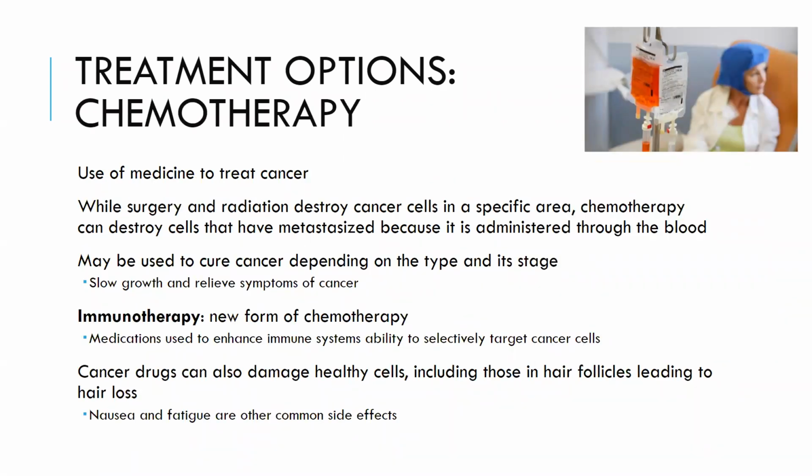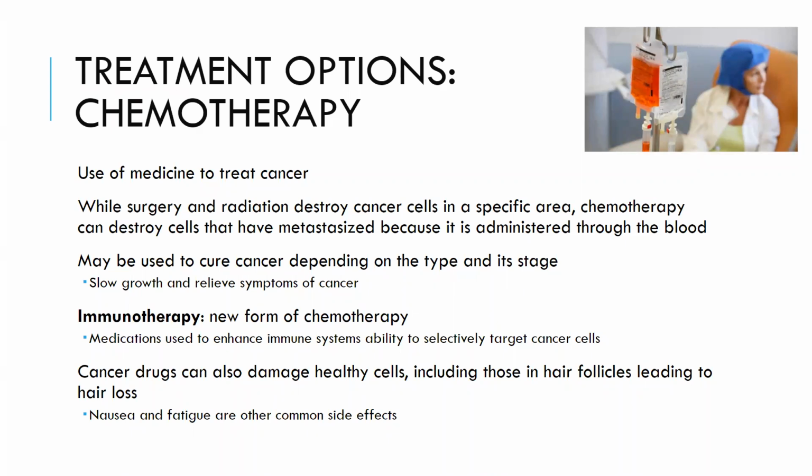Chemotherapy is frequently compared with radiation in that they're both non-surgical approaches, but they are different. Radiation is using X-rays, chemotherapy is using medicine. Surgery and radiation destroy cancer cells in a specific area. Chemotherapy, on the other hand, can destroy cells that have metastasized because it's administered through the blood.